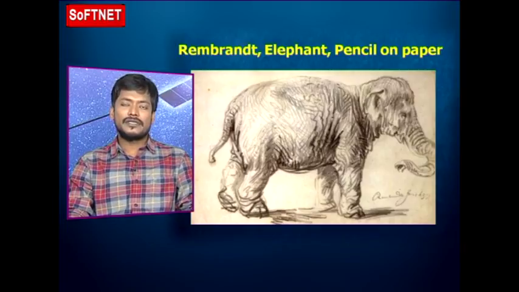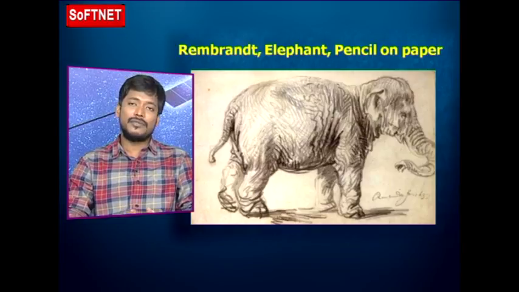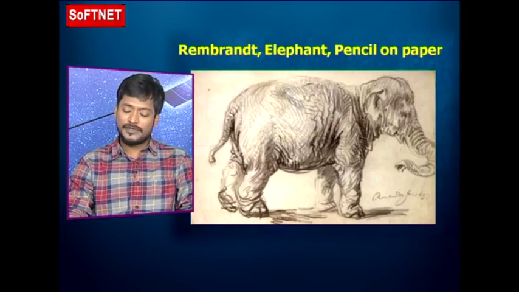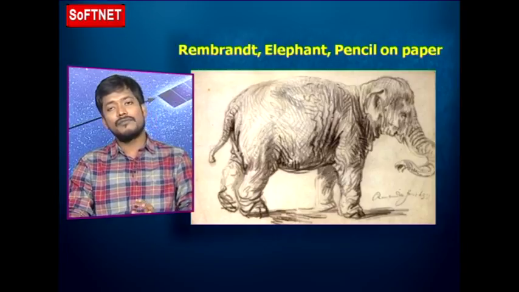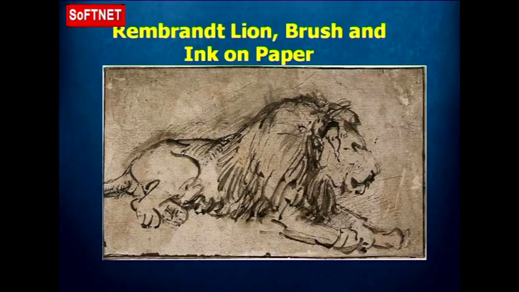Drawing is also used to draw many things: animals, birds, trees, landscapes, houses, objects, human beings, whatever the artists like to draw. This is another example by the same artist, Rembrandt, but in a different medium, right. Unlike the liveliness of the elephant, here the quality of ferocity is emphasized.